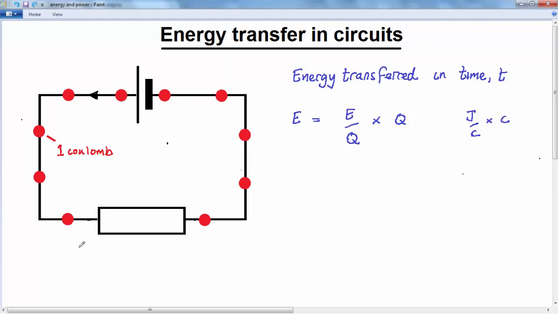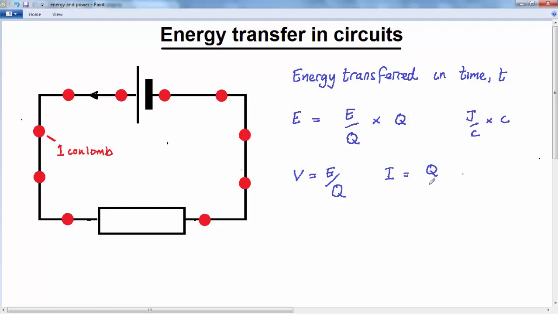Okay. Now in the previous lesson we learned that the energy transferred by each coulomb as it passes through this resistance is equal to the voltage across the resistance. Let's say the voltage is equal to the energy transferred per unit charge. And we also learned that the current flowing around the circuit, I, is equal to the amount of charge that passes every second.